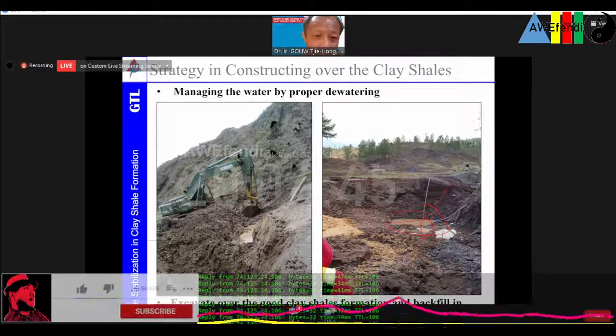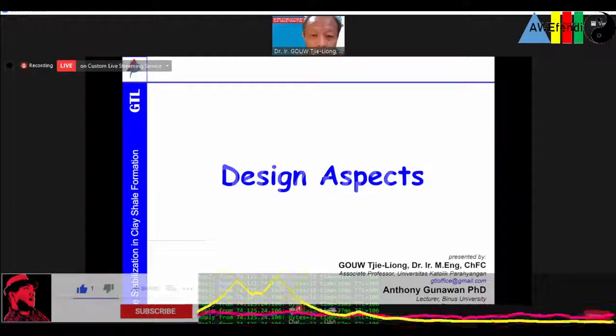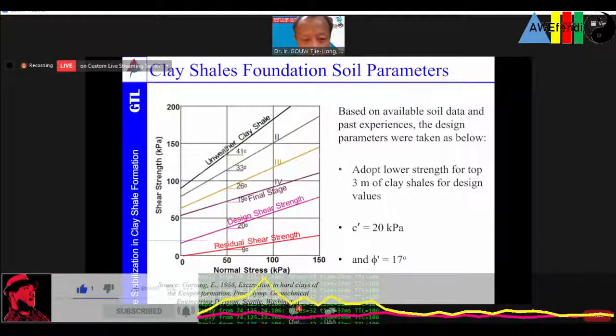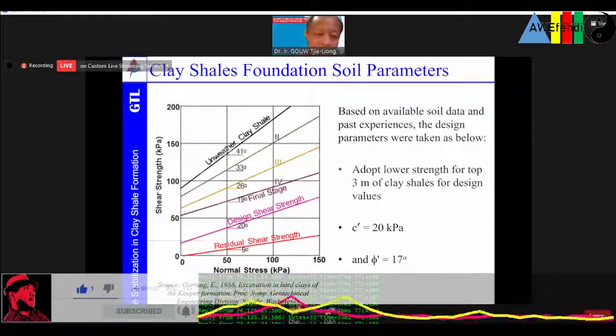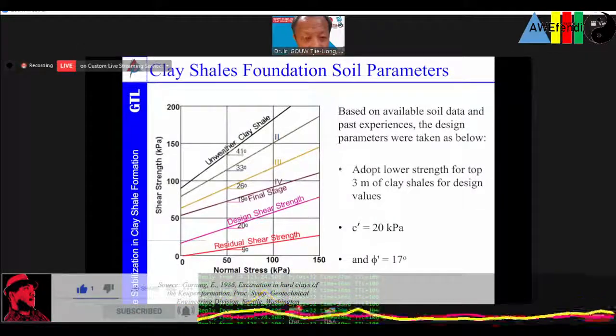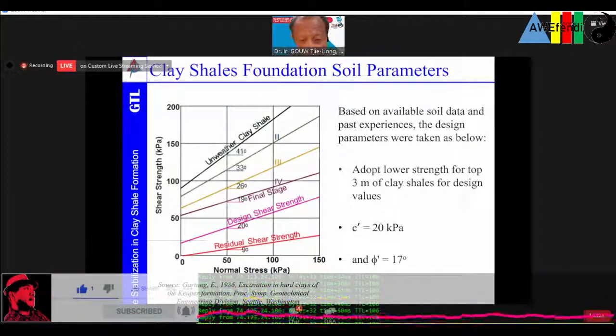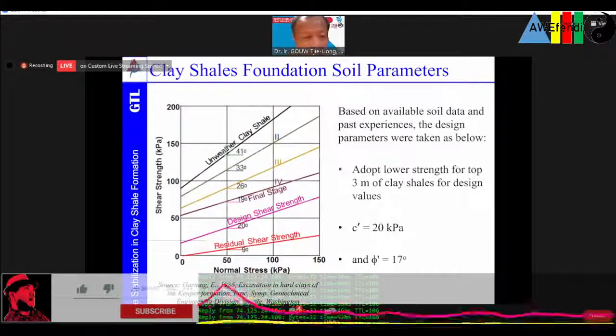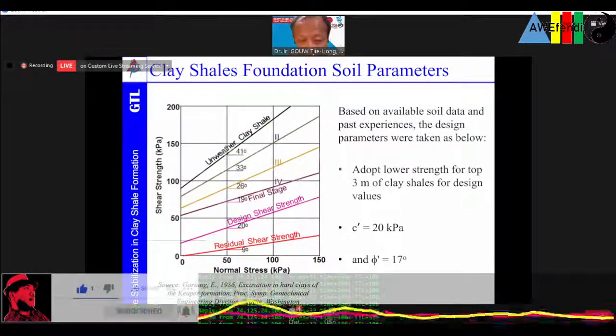So what we do on the design aspect, so we based on the data, unfortunately we don't have time to do the testing as extensive as what have been done by Gartung and Stark, and just now I showed the chart.